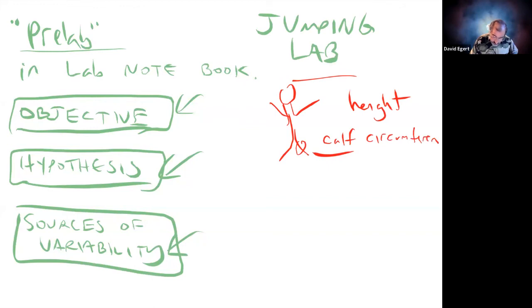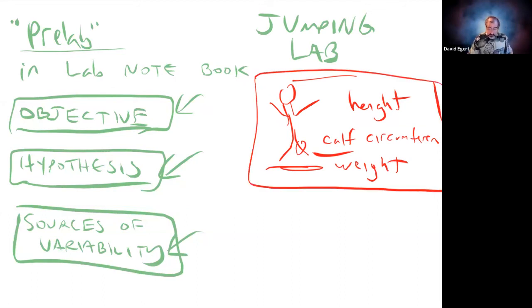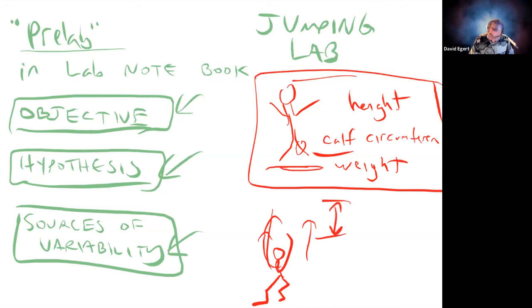We're going to measure their weight. So here are these things that we have. And then we're going to have them jump, and we're going to see how high they can jump.